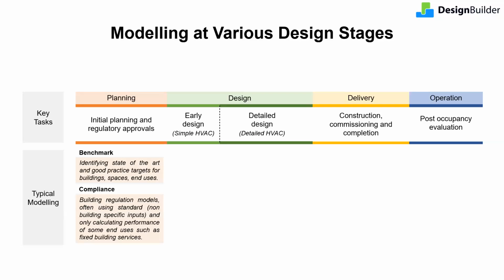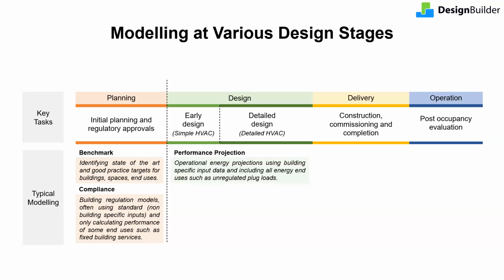So typical role of modeling at the initial planning stage related to energy and environmental performance is to determine the project targets and benchmarks that can be achieved. Therefore, what sets the realistic expectations? Beyond that, at the planning stage, compliance-related modeling is also undertaken, which may be extended into design stages as well.